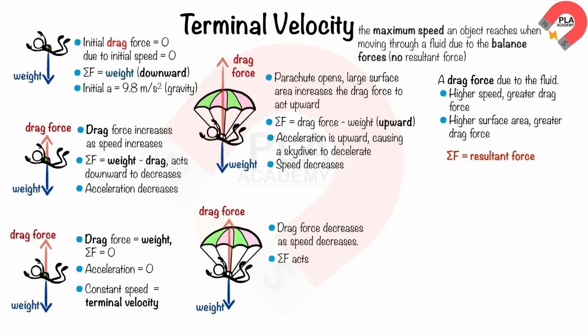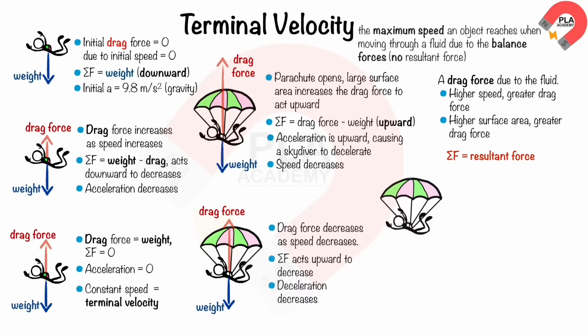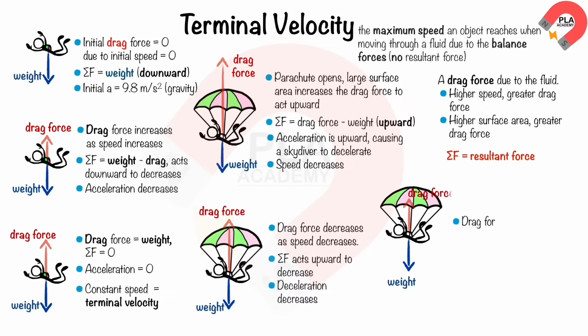Since the resultant force acts upward and decreases, their deceleration also decreases. The drag force decreases until it equals their weight, so the resultant force is zero. This causes their acceleration to be zero, and their speed is constant again. This speed is called terminal velocity.